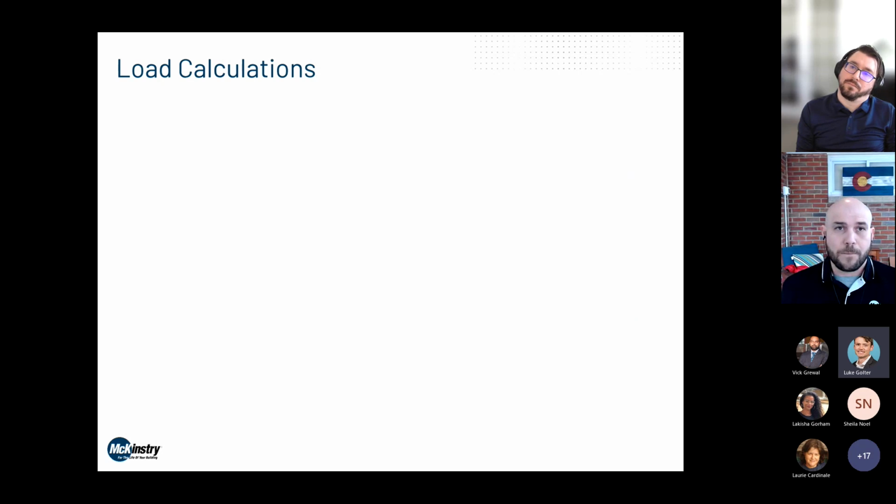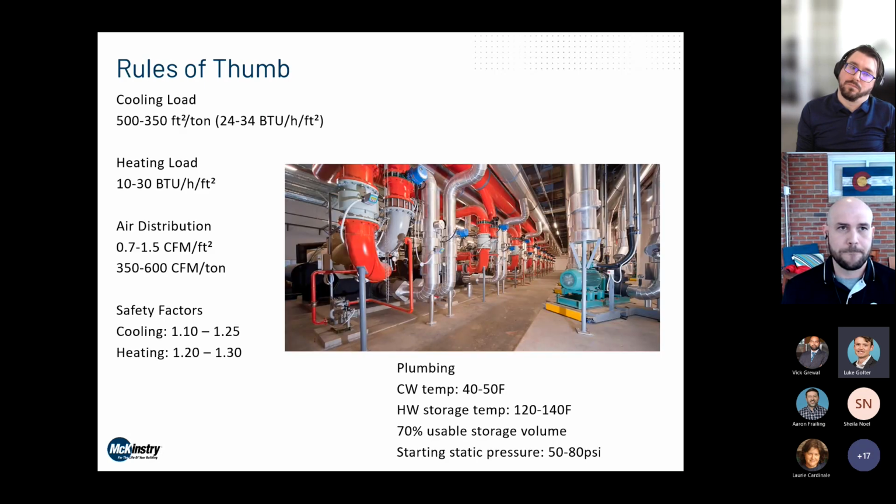James, can I ask a question? Sure. Going back to the previous slide, the cooling rule of thumb, was that for a chilled water system, like the chiller tonnage and looking at the whole square footage of the facility, or more like a chilled water coil capacity for an air handler?